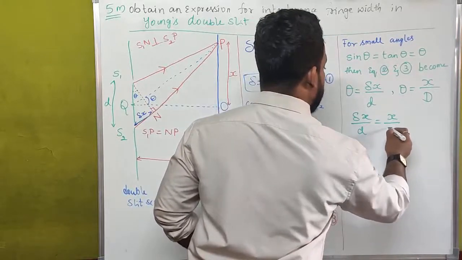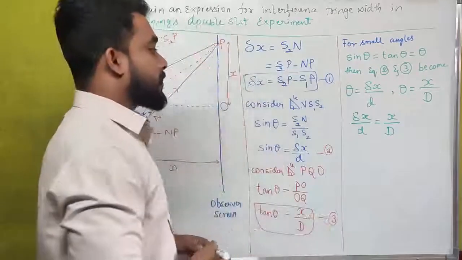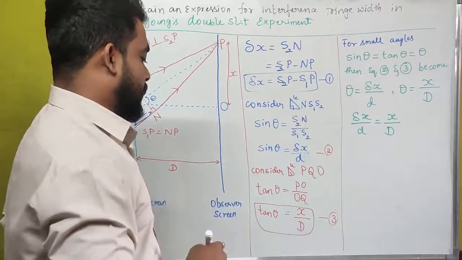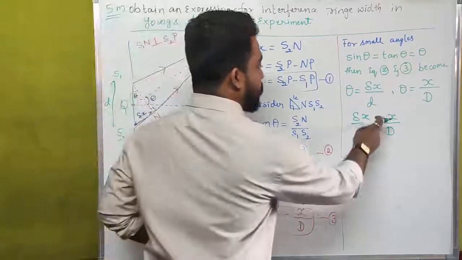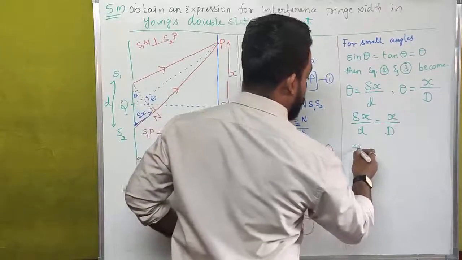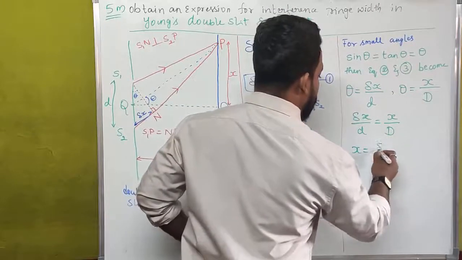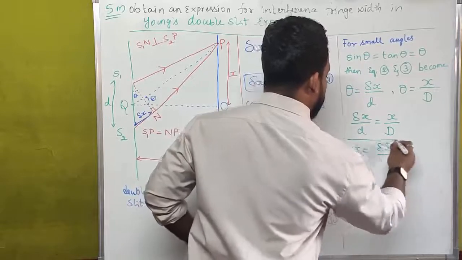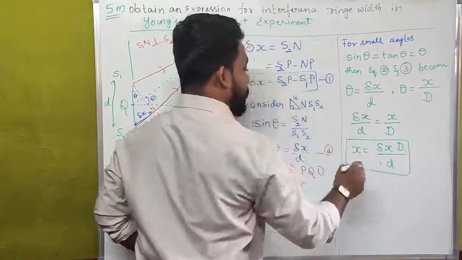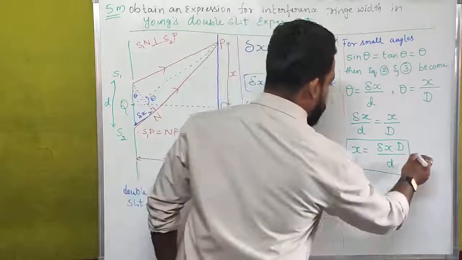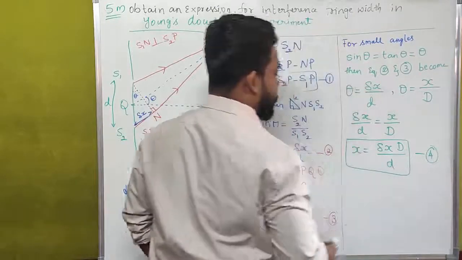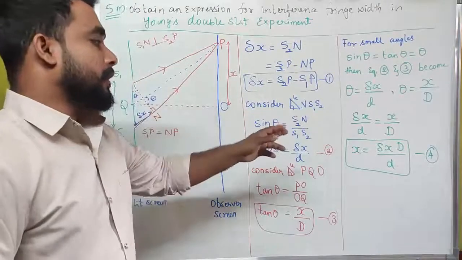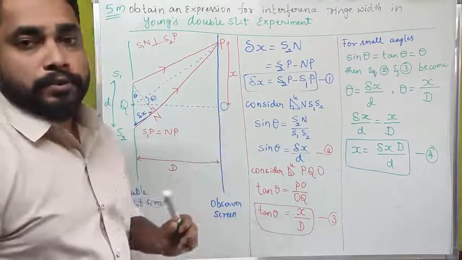That is delta x divided by d is equal to x divided by capital D. Or we obtain the expression for x: x is equal to delta x into D divided by small d. Let us assume this as equation 4. X is equal to delta x into D divided by small d.